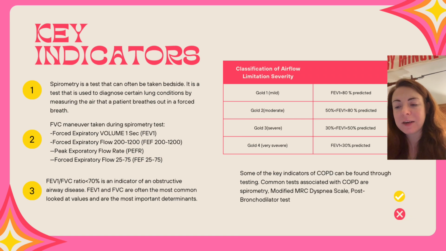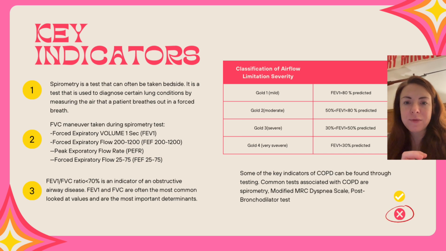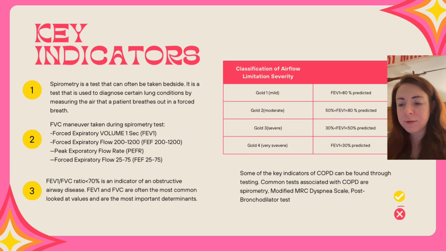We have our forced expiratory flow, our peak expiratory flow rate, and our forced expiratory flow 25 to 75. The 200 to 1200 is the larger airways that are tested for, and the 25 to 75, I just think of as the smaller airways that are tested for.